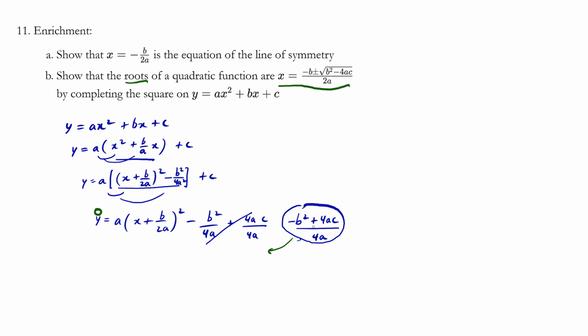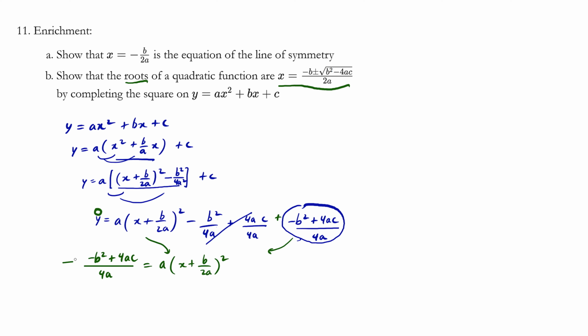We'll consider this a positive term, but when you switch it over, it becomes a negative version of that. And you have to be very careful with where your brackets are, or what's on the numerator and what's on the denominator. Do not accidentally forget the brackets. So it's minus of this whole term, and that replaced the 0, equals a. I'm just copying this part up here: x plus b over 2a all squared.